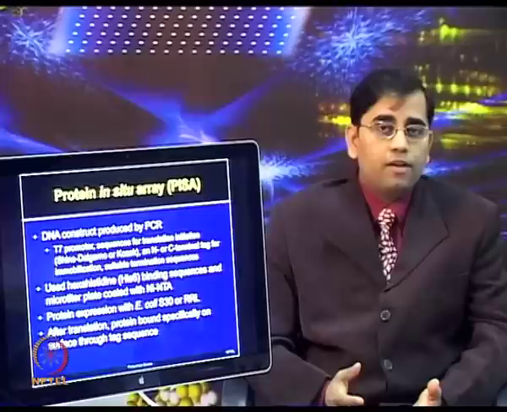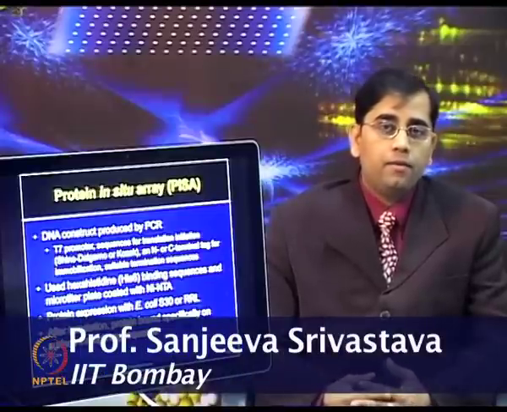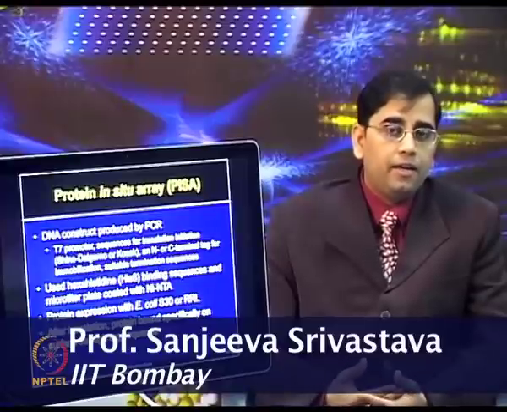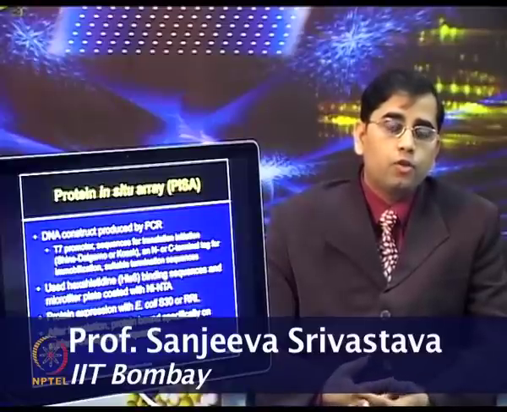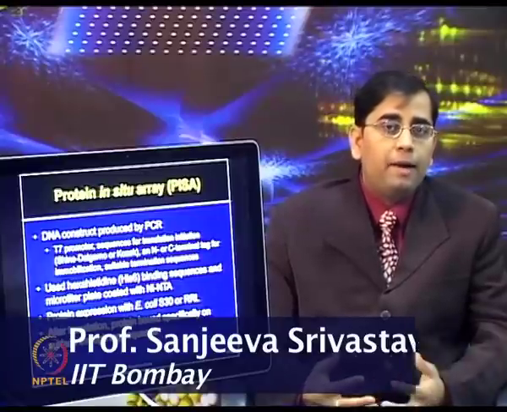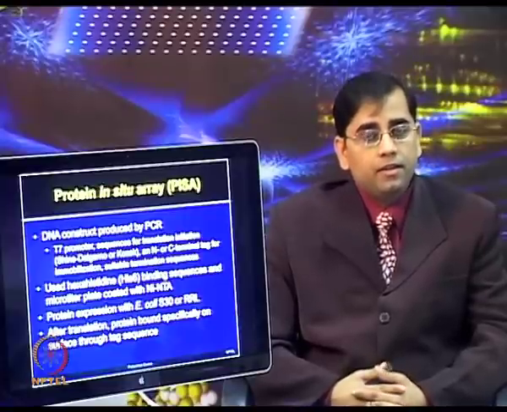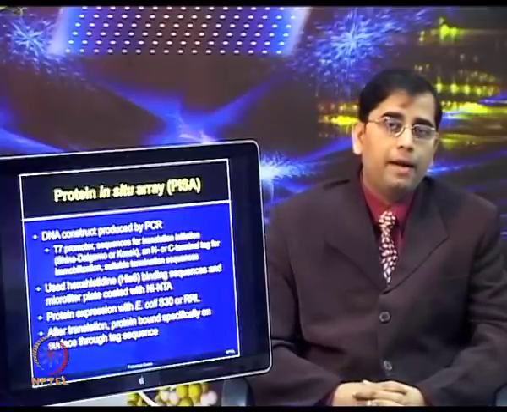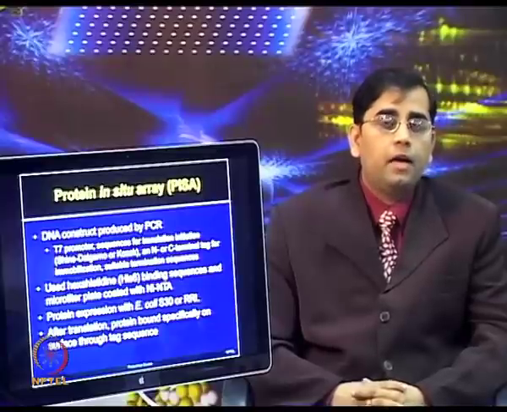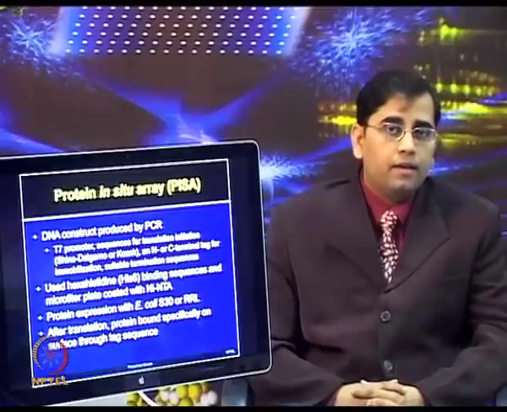Now, the solid surface has to be functionalized by adding nickel NTA on that surface. One needs to add a histidine tag so that the binding can be specific. So, you use a hexahistidine, histidine 6 tag, binding sequence and a microtiter plate which is coated with nickel NTA.